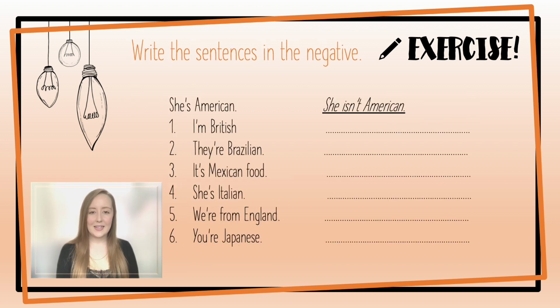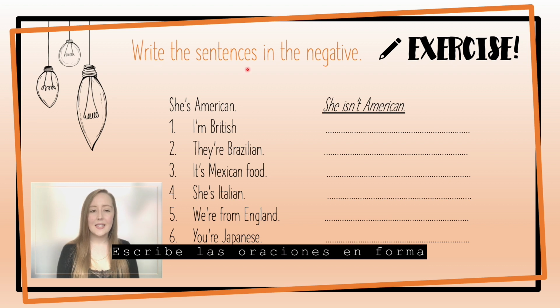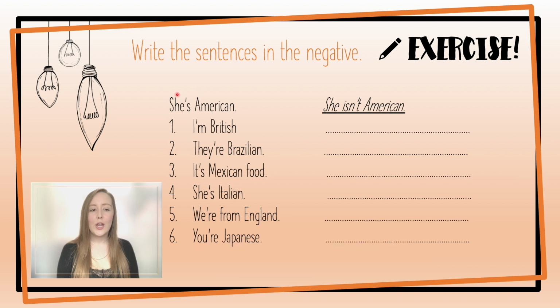Let's try an exercise. We have to write the sentences in the negative. So we're going to change a positive sentence. She's American. This is positive. And we're going to make it negative. She isn't American. This is in the negative form.